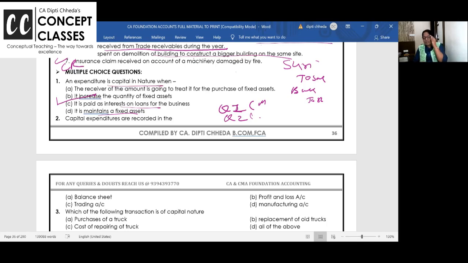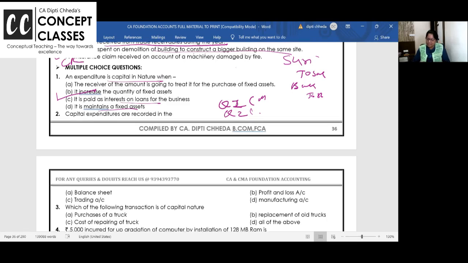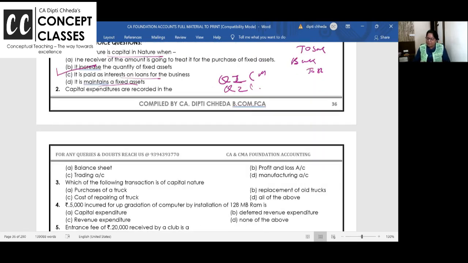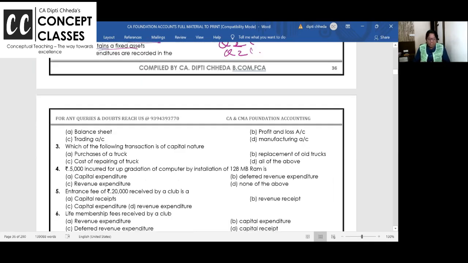When you do capital expenditure, you enhance the fixed assets. Capital expenditures are recorded in the balance sheet. I'm saying this right from the beginning of today's class. Revenue expenditure you debit in P&L, capital expenditure you debit in the balance sheet. If you do vice versa also, the balance sheet will tally, but internal totals will go wrong.